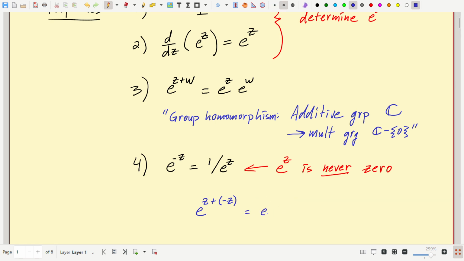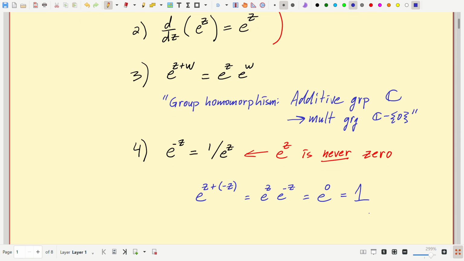That's equal to e to the z times e to the minus z. And so I've got a product of two complex numbers that's 1. Of course, neither one of them can be 0, and therefore I can divide and see that e to the minus z is 1 over e to the z. So number 3 is the big one there to check, and I'll check it right now.